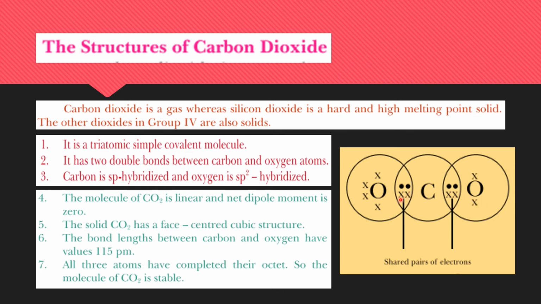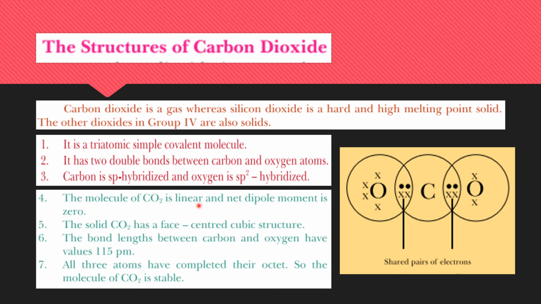It has double bonds, as you can see here that two electron pairs are shared with each oxygen atom. So it forms a double covalent bond between carbon and oxygen. And this carbon is sp hybridized while oxygen is sp2 hybridized.